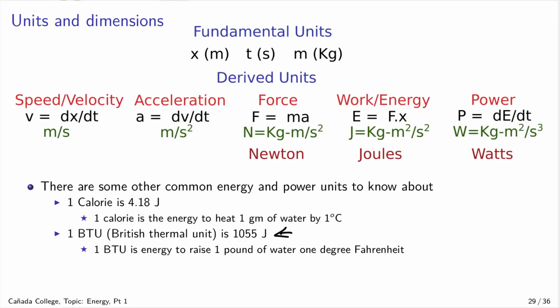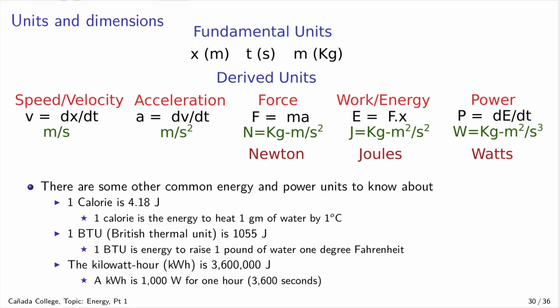The other unit that you will come across, especially when you do your design experiment that I will talk about shortly, is the BTU, or the British thermal unit. So 1 BTU is 1055 joules, and it is the energy to raise 1 pound of water by 1 degree Fahrenheit.